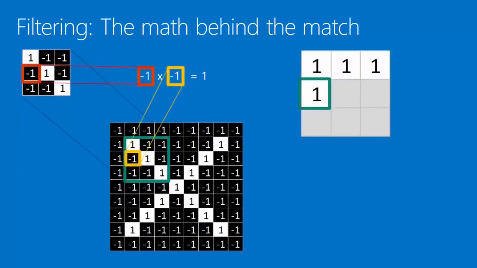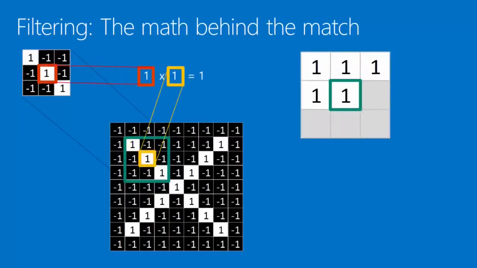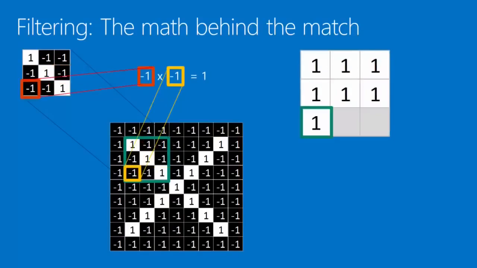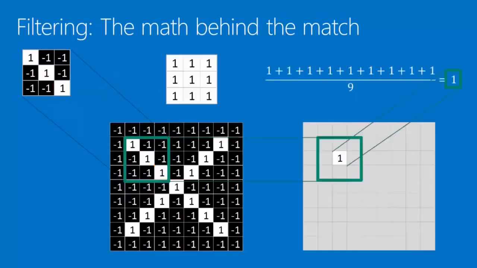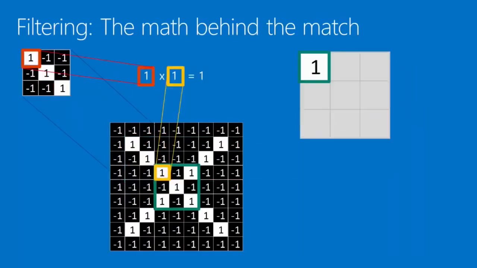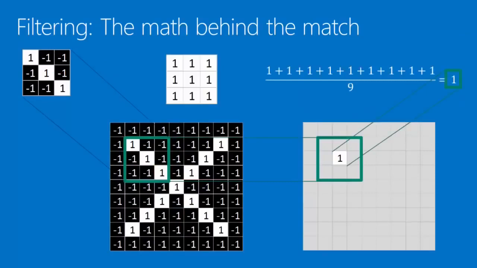And we continue to step through pixel by pixel, multiplying them all by each other, and because they're always the same, the answer is always 1. When we're done, we take all these 1s and add them up and divide by 9, and the answer is 1. So now we want to keep track of where that feature was in the image, and we put a 1 there. Say, when we put the feature here, we get a match of 1. That is filtering.